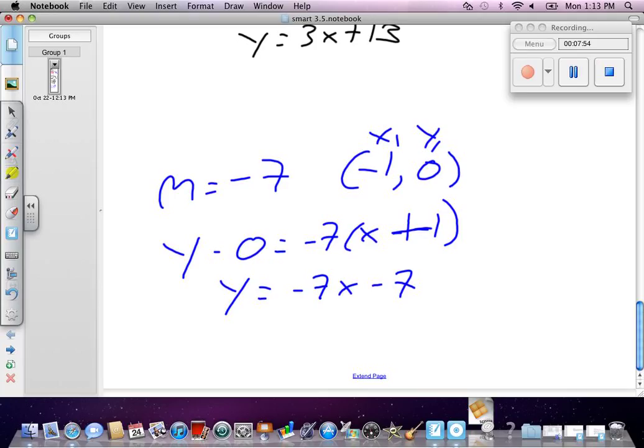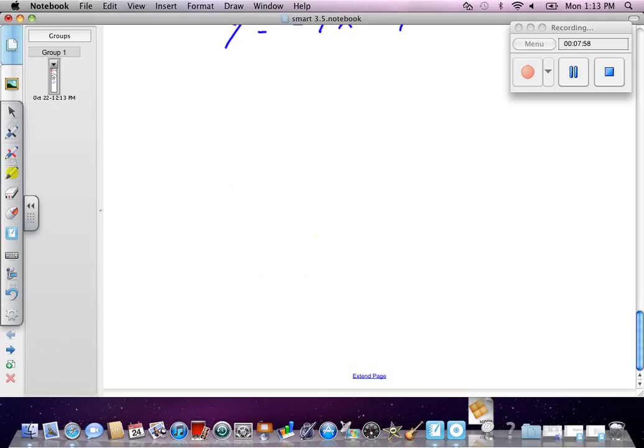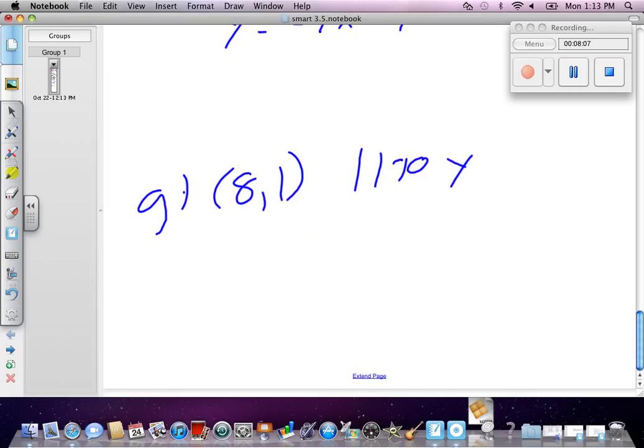Okay, let's do G and then we'll be done. How about that? Okay, for G, we've got point (8, 1) and we want it to be parallel to y equals 3/4 x minus 9. If we want it to be parallel, that means what's the same? Slope. So what's the slope for that line? 3/4. So we want our m to be 3/4. And we've got point (8, 1).